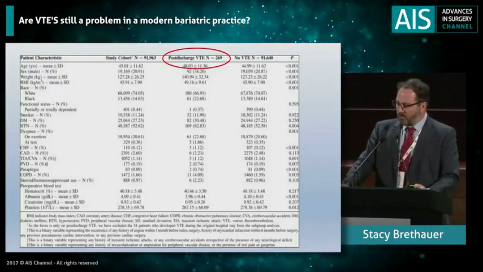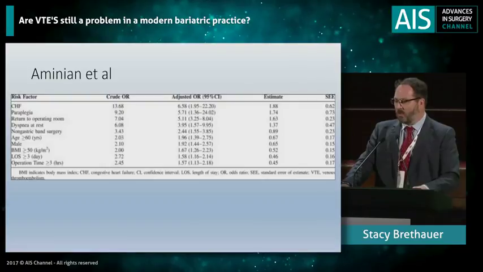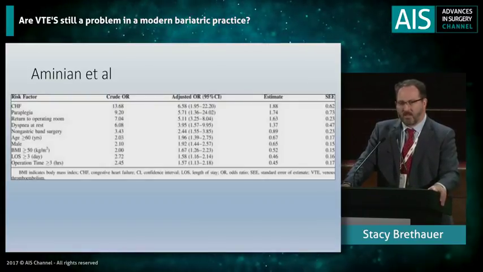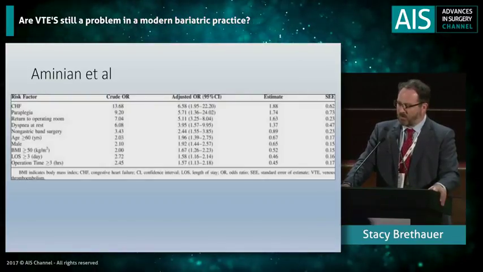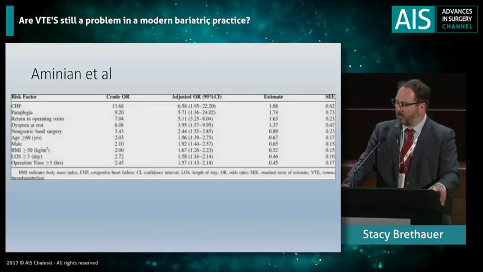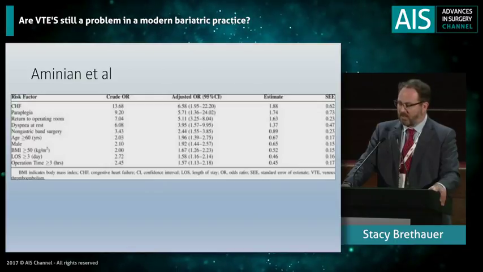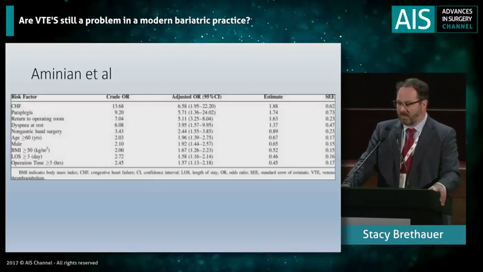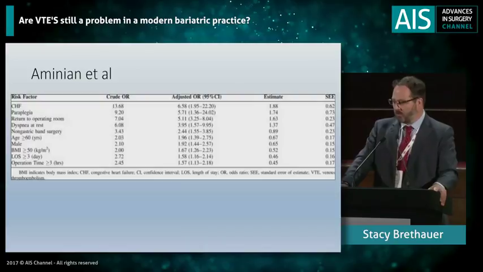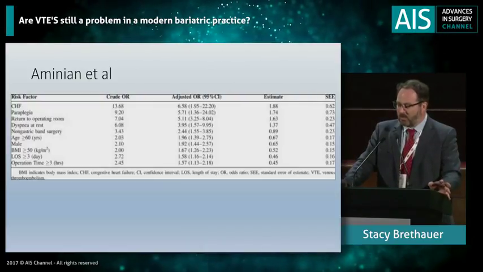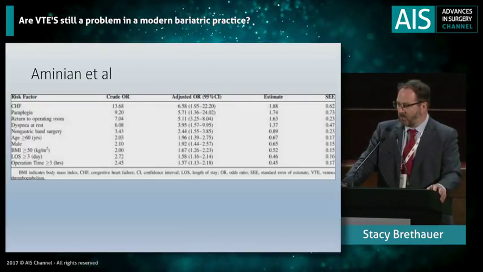This is our univariate analysis. But when we did the multivariate analysis, several things fell out, and most significantly, the history of congestive heart failure really was the greatest predictor of having a VTE event, with an odds ratio of nearly 14 times the comparator group. Paraplegia and immobility clearly drives VTEs.